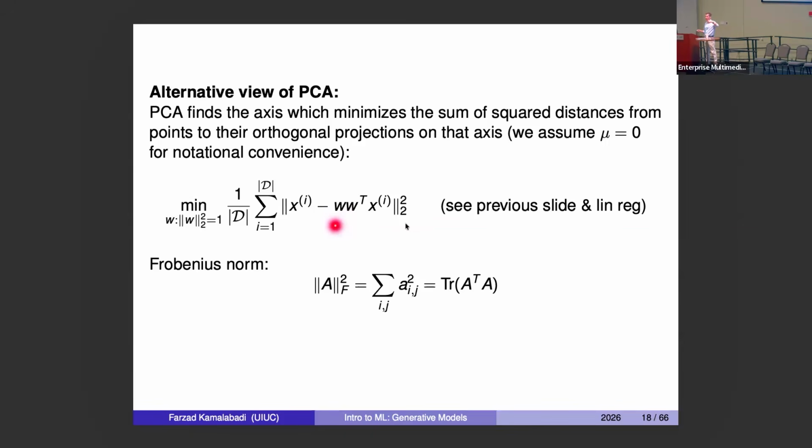I'll show you pictorially. This is different than the picture that the first day I showed you about the least squares problems, right? I was asking you, which one is it? Is it in this direction or is it perpendicular to the line? This WW transpose is an orthogonal projection. So that's the perpendicular direction from the data point to that vector.